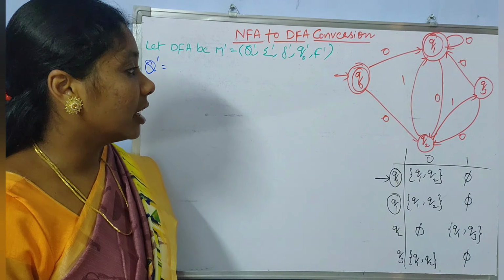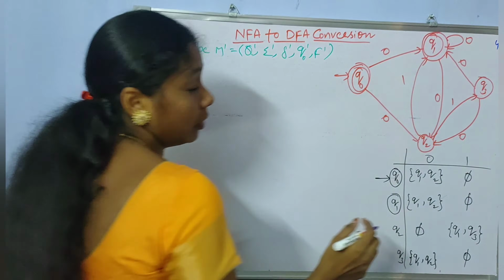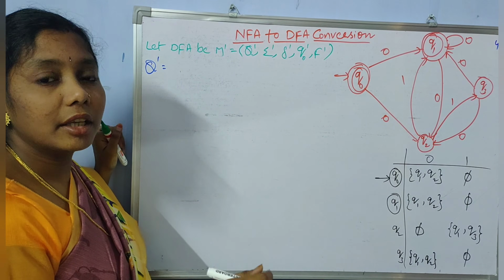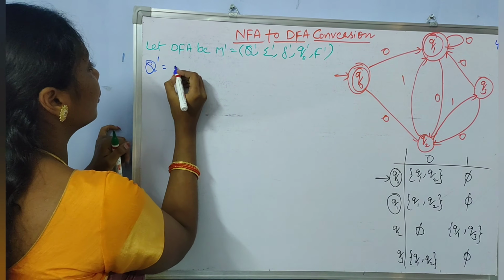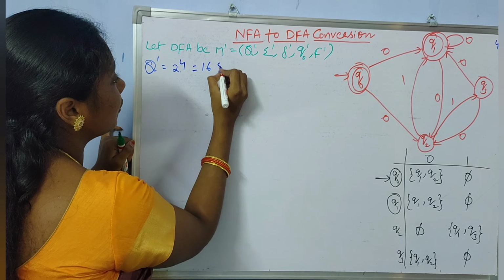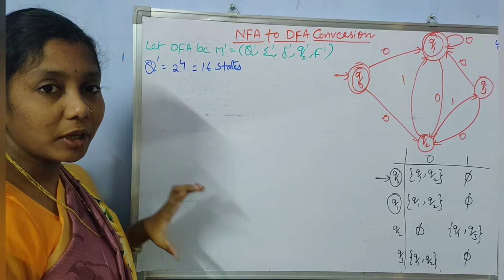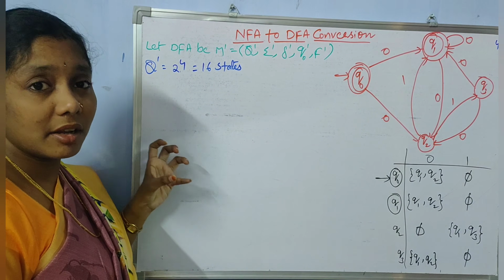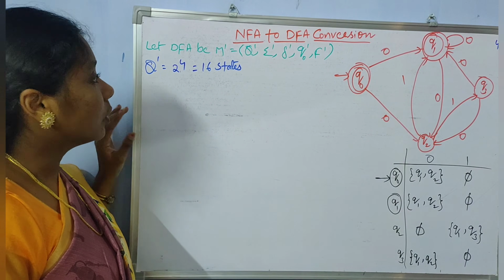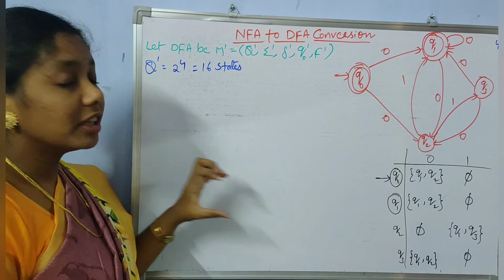How many states are there in the NFA? The NFA consists of 4 states. So for 4 states, the equivalent DFA should generally consist of 2 power 4 states, that means 16 states. But here we are not going to consider all the states because some of them may be non-reachable. Let me tell you how we can consider only the reachable states.